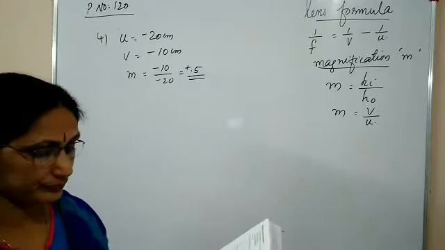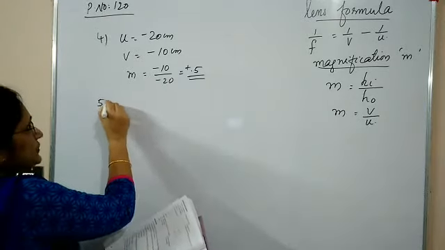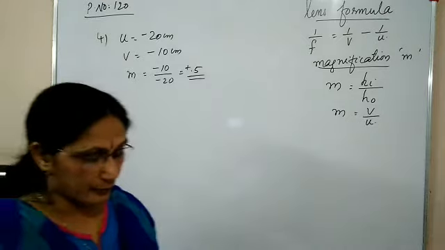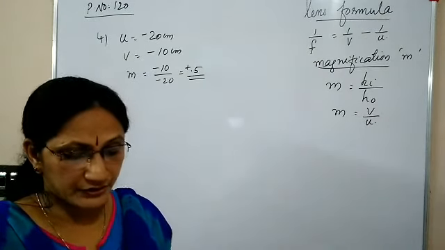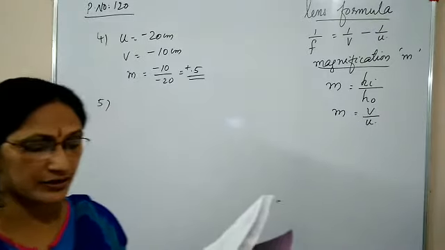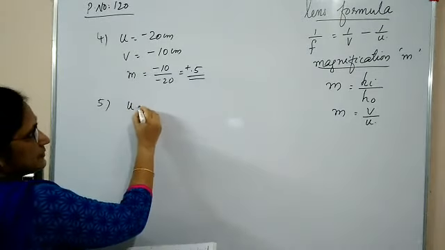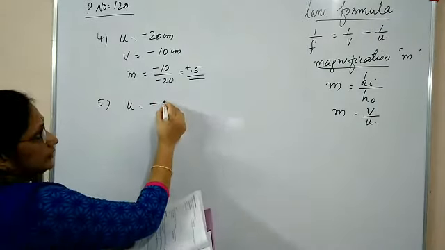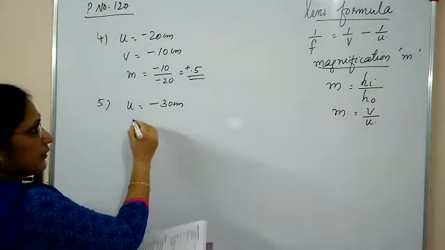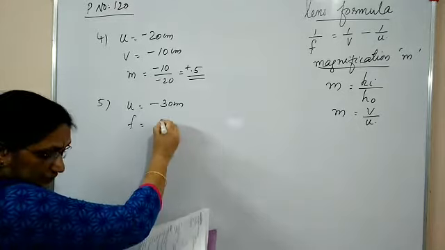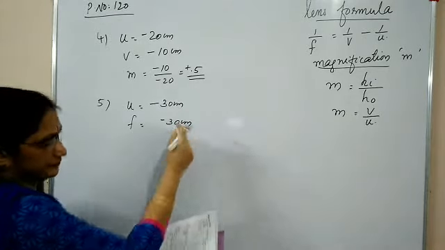Then fifth question. An object is placed at a distance of 30 centimeter in front of a concave lens. That means u is minus 30 centimeter, and it is a concave lens, so focal length is minus 30 centimeter.